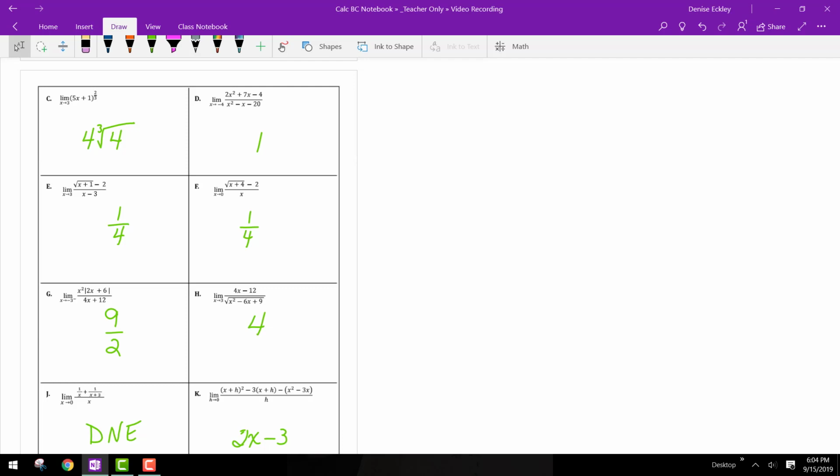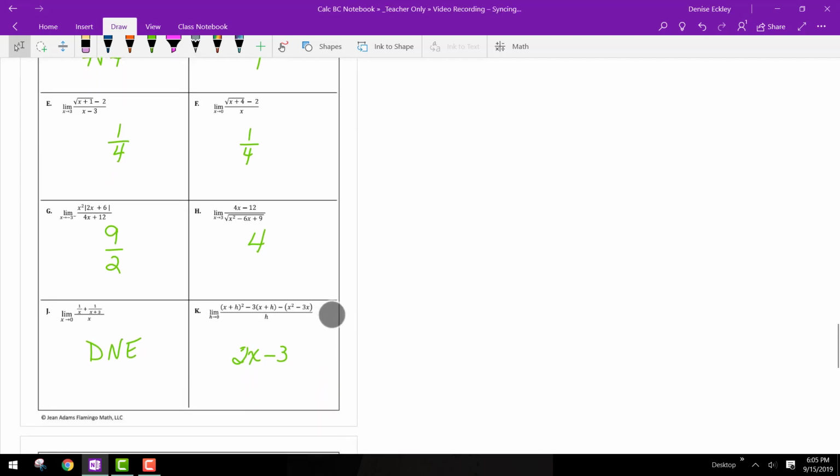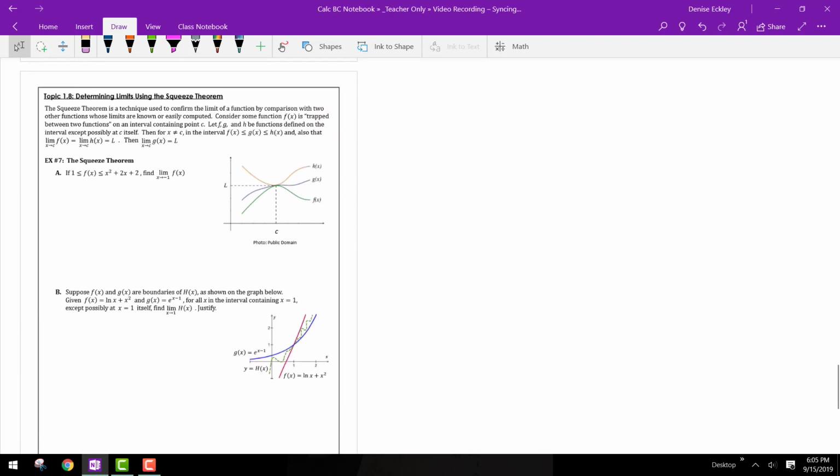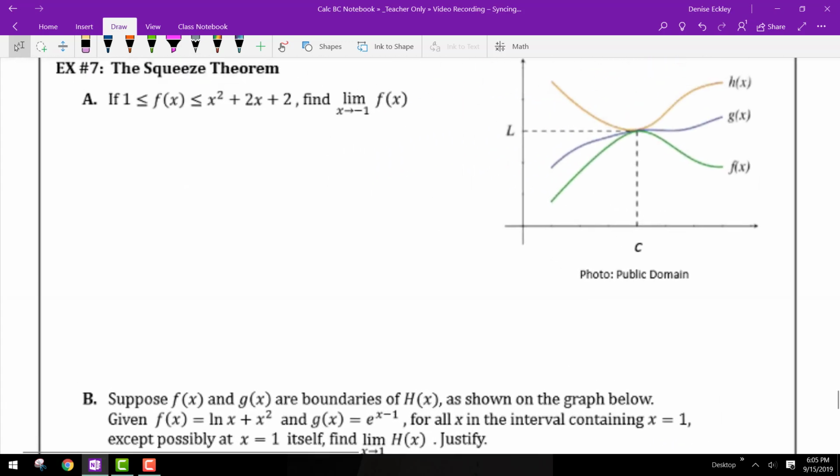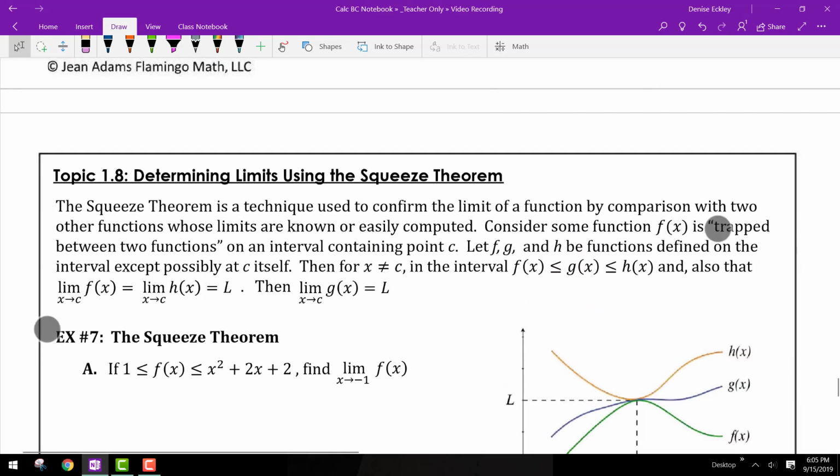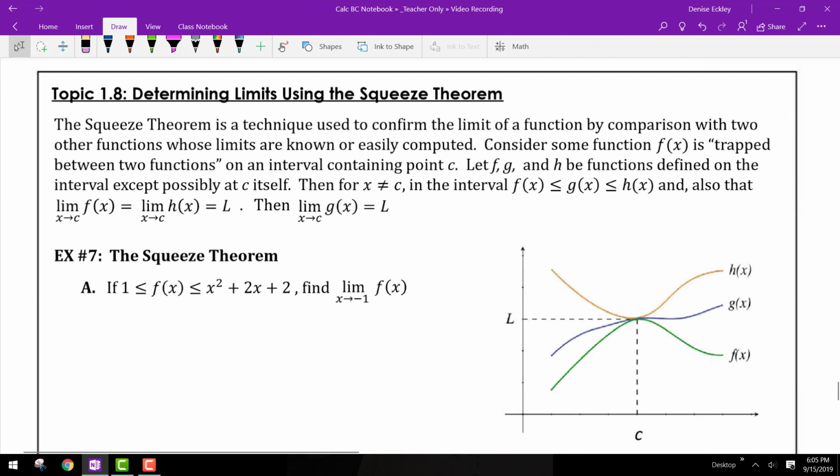Okay, we have one more part, and that is looking at the last two limits that were listed: sine x over x as x approaches 0, and 1 minus cosine x over x as x approaches 0. Where do they come from? We got those by using what's called the squeeze theorem, which is our last topic.